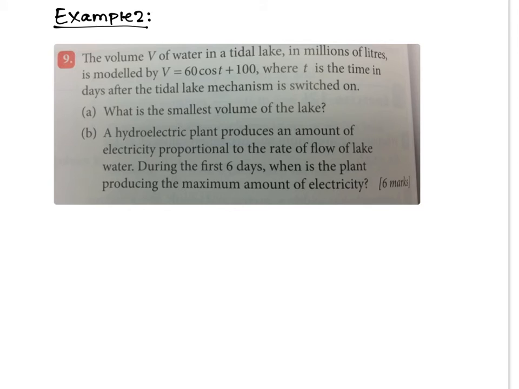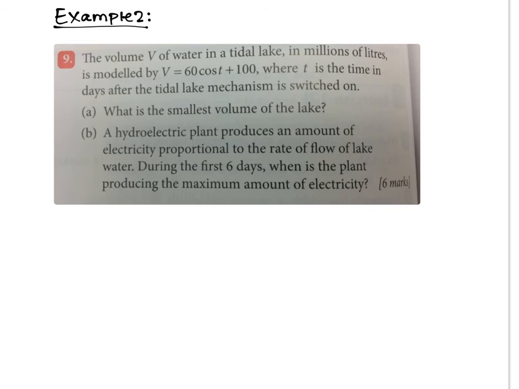And then it says a hydroelectric plant produces an amount of electricity proportional to the rate of flow of lake water during the first 6 days. When is the plant producing the maximum amount of electricity? So as you can see, this is a red problem. Part A is a really reasonable problem, and Part B is still reasonable, but it's definitely a high-level thinking question.